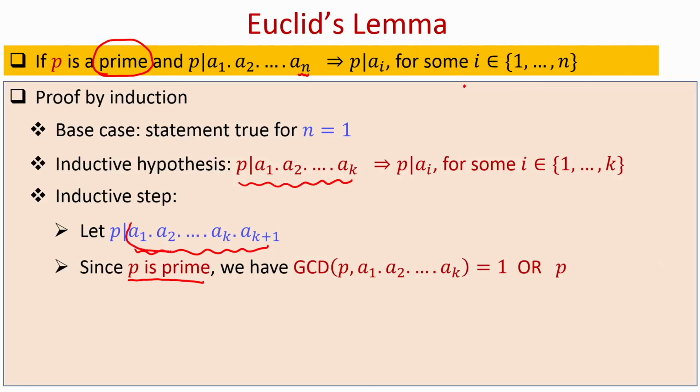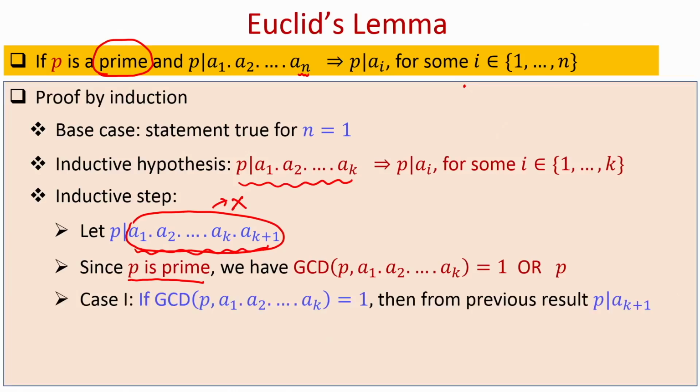Let me call this bigger number x. What can I say about the GCD of p and x? The GCD will be either 1 or p, because the only divisors of p are 1 and the number p itself. There can't be any other third value of GCD. So, there are 2 possible cases. Let us analyze those 2 cases.